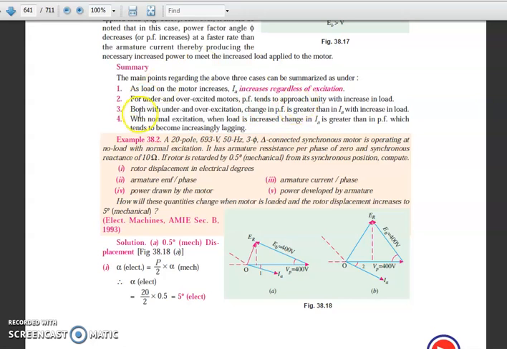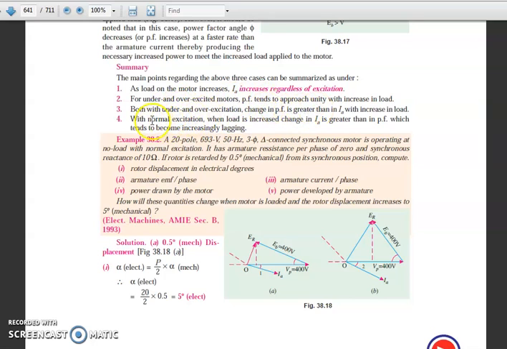Next, third: with both under and over excitation, the change in power factor is greater than in IA with increase in load. That means if we increase the load on the synchronous motor in both conditions, there is a change in the power factor.